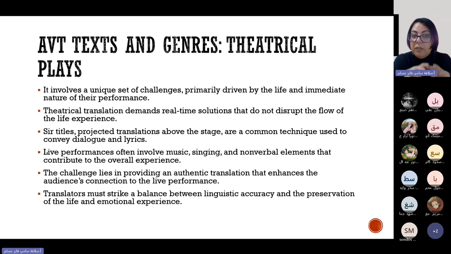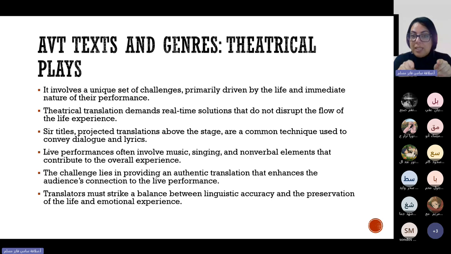What is difficult about this type of translation is that it is a live streaming translation. You have people sitting in a box, for example, and while the actors are playing, these translators are typing whatever they say and showing it on a screen above the playground.